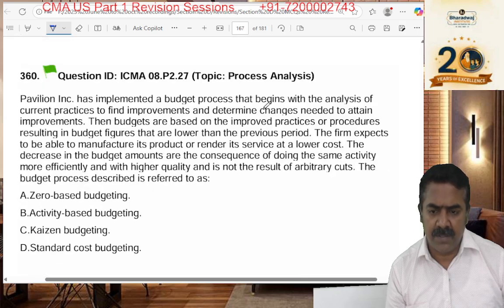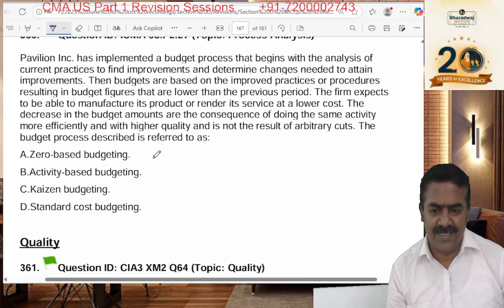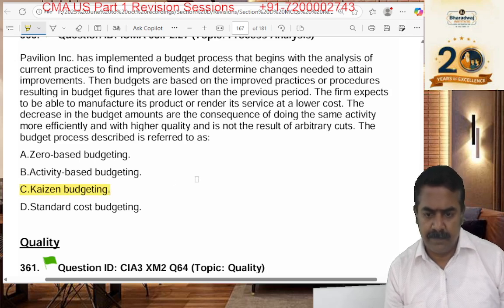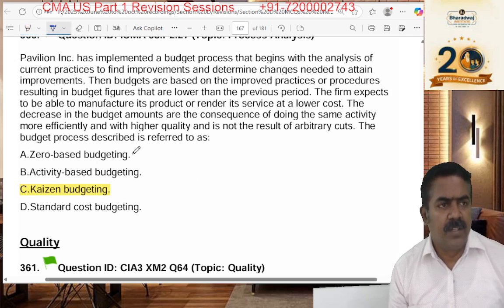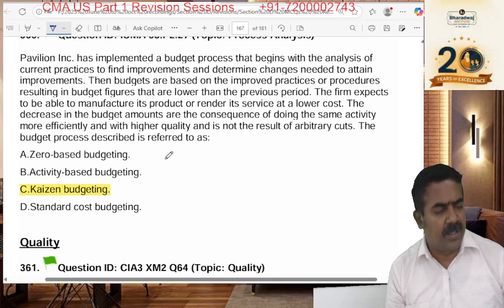Zero-based budgeting. Next one is based on the decrease in budget amounts, and consequently doing the same activity more efficiently with higher quality, not resulting from arbitrary cuts. The budgeting process is called what? Continuous improvement. Suppose it is keeping the last year performance as zero, and based on that the improvements are made, they are called what? Zero-based budgeting.